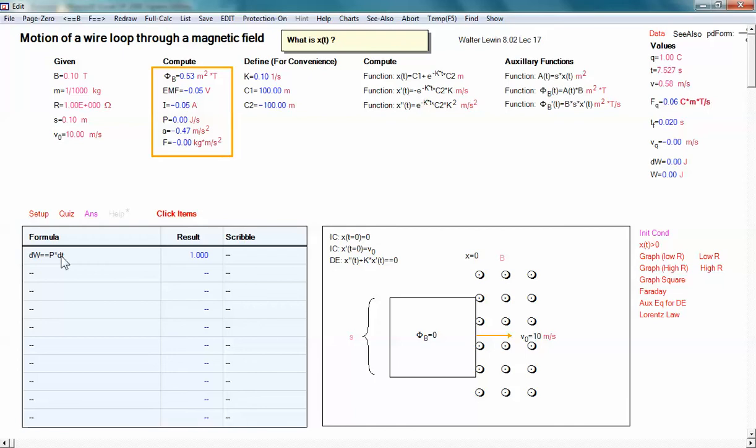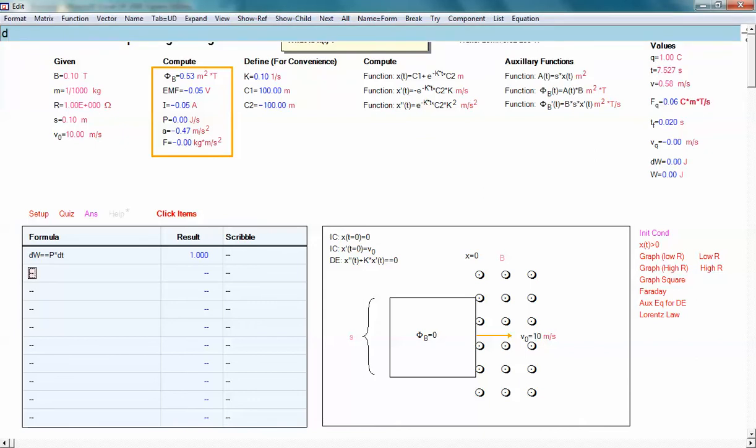Now that heat energy comes from the kinetic energy, from a diminution or a lessening of the kinetic energy. The wire is going to slow down because of the magnetic braking, and the kinetic energy is being translated into heat energy. So we can express that same element of energy in terms of kinetic energy concepts.